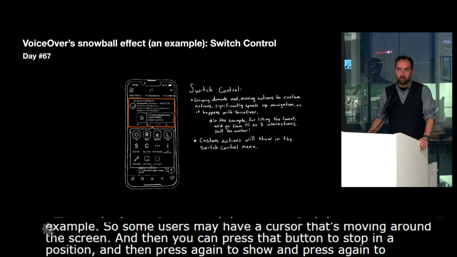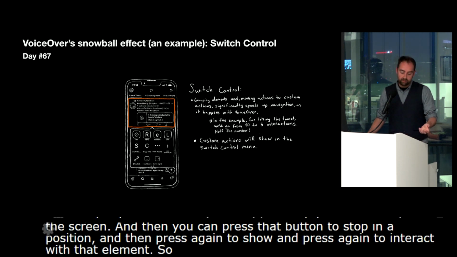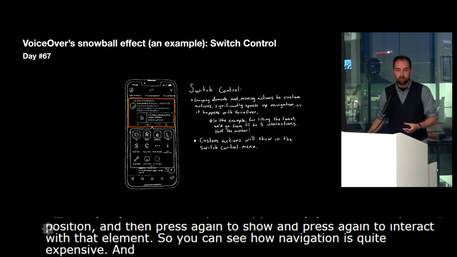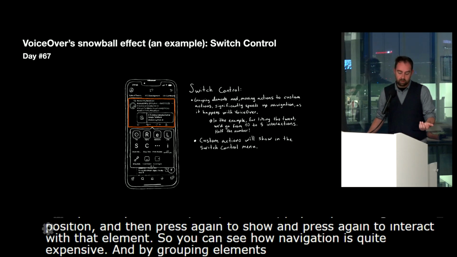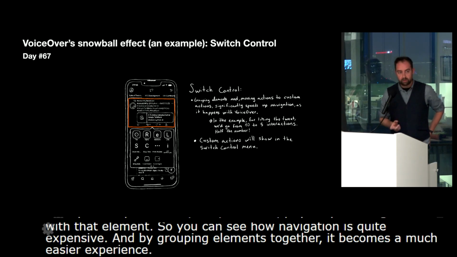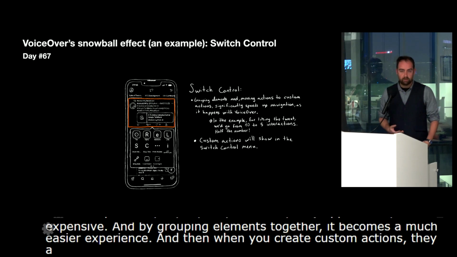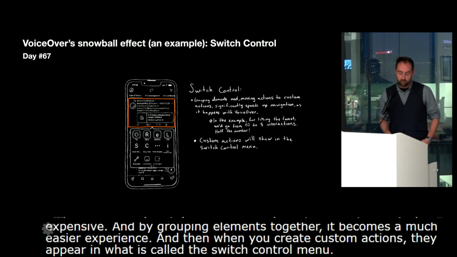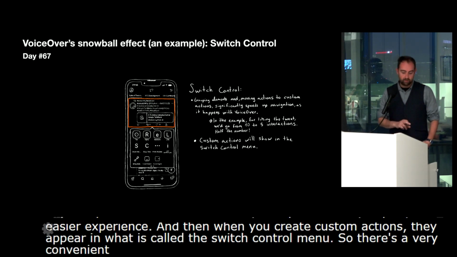So you can see how navigation is quite expensive, and by grouping elements together, it becomes a much easier experience. And when you create custom actions, they appear in what is called the Switch Control menu. So there's a very convenient way to interact with all those actions from the tweet in this case.